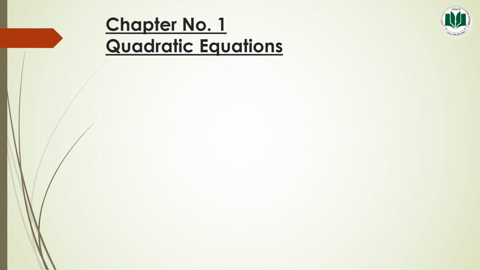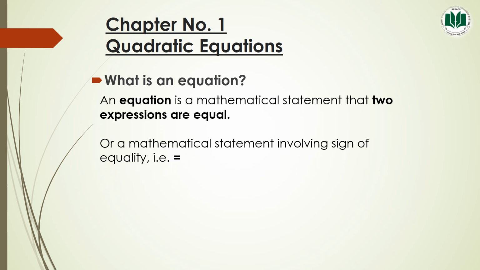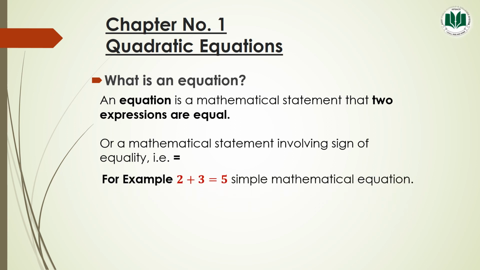Well, my first question from you guys is that what is an equation? Basically, equation is a statement that two quantities or two things are equal. For example, 2 plus 3 is equals to 5 is a simple equation, as everything on the left hand side is equals to the right hand side. But in algebra, we work sometimes with letters that represent numbers that are unknown or we have to figure them out.